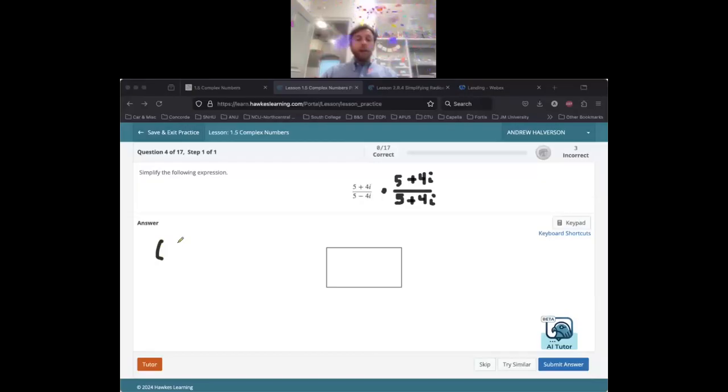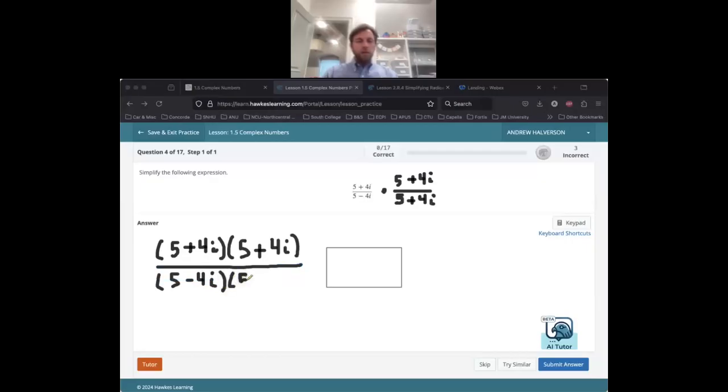So let's write it as the multiplication of two fractions. 5 plus 4i times 5 plus 4i on the top, all of that over 5 minus 4i times 5 plus 4i.